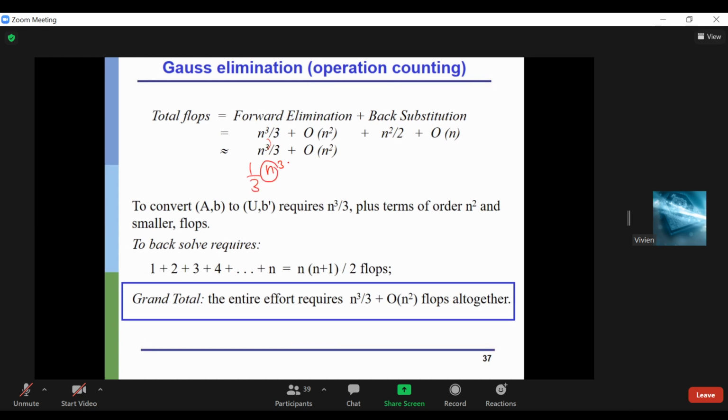Say we have 100 equations, so that will be 100 to the power of 3, which is 10 to the power of 6, so 1 million divided by 3. This is the number of operations needed. Okay, so this is about Gaussian elimination.